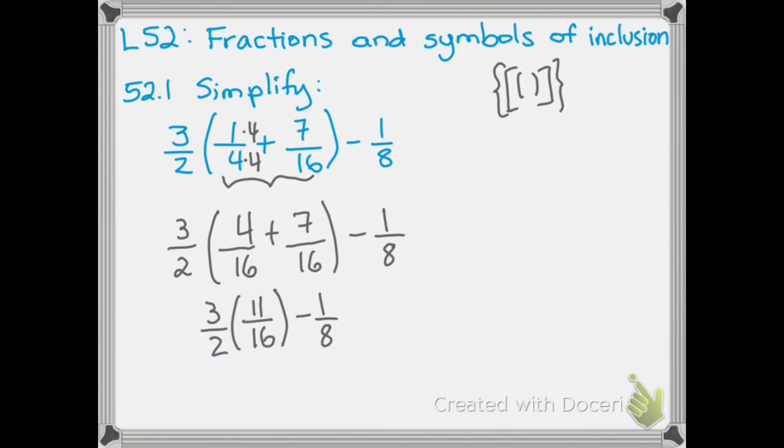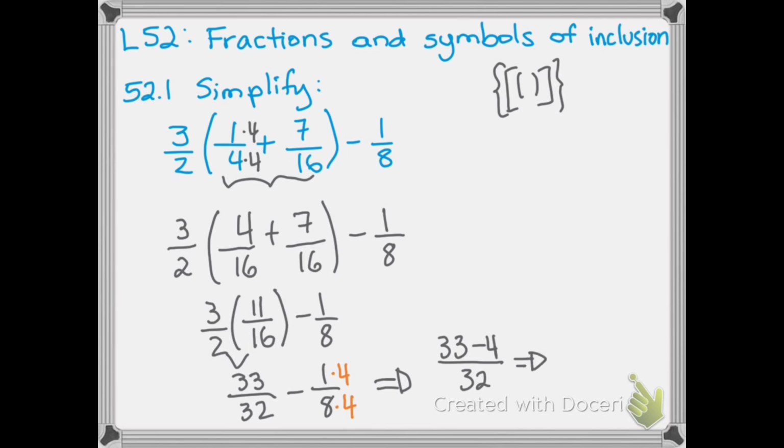Now we try to reduce, but we can't, so we just multiply 33 over 32 minus 1/8. Now we have to do common denominator, and the common denominator is 32, so I multiply times 4 to get 32 on the denominator. And so we have to subtract 33 minus 4 over 32, which is 29 over 32. And that would be our answer.